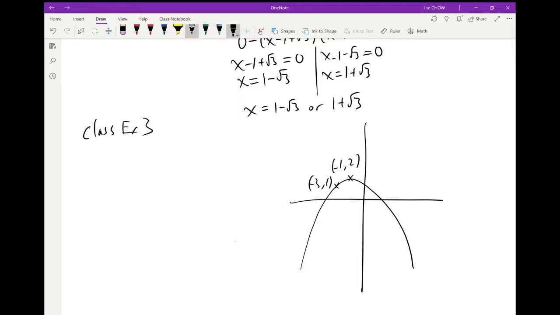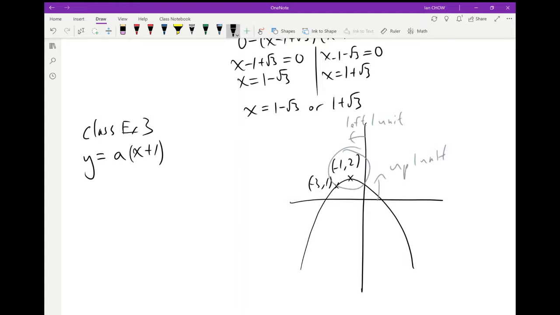Now, with the vertex being at negative 1, 2, it means that I have moved left 1 unit, and also moved up 2 units. And so I can rewrite my equation now. Y is equal to A, I'm going to leave it at A for now, our scaling factor is unknown, and then multiplied by x, 1 unit left means plus 1.